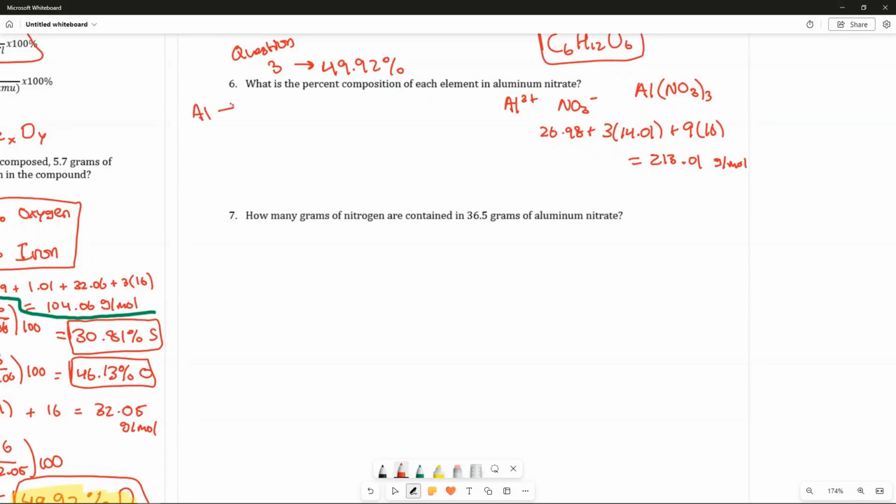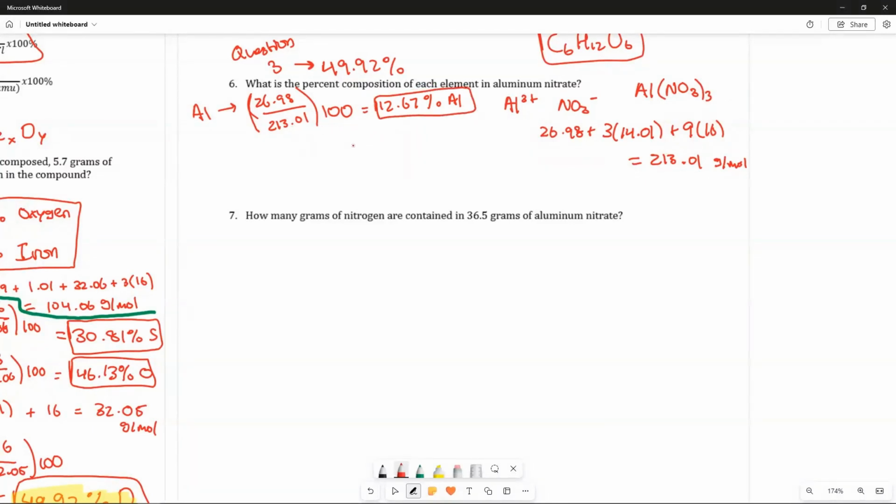So aluminum molar mass we found was 26.98 over 213.01, times 100, which gives us around 12.67%. Alright, and we have aluminum here.